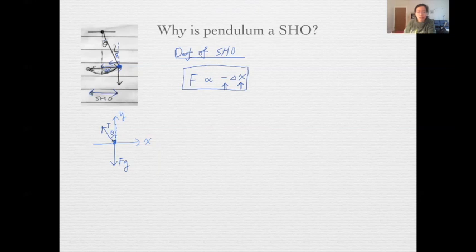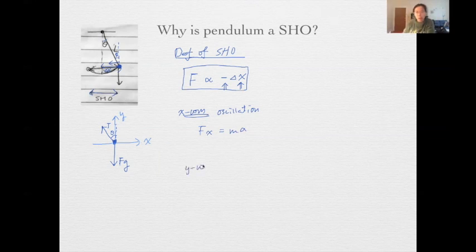You can see that in the x direction, this object is going back and forth. It's doing an oscillating behavior. So F equals ma, where a will be changing all the time because it's oscillating.